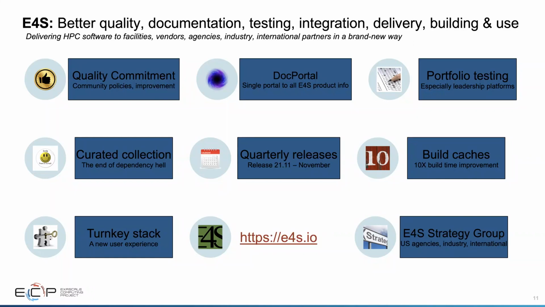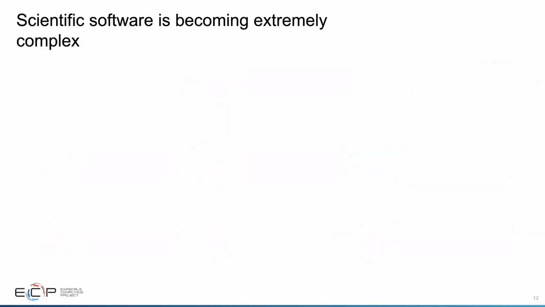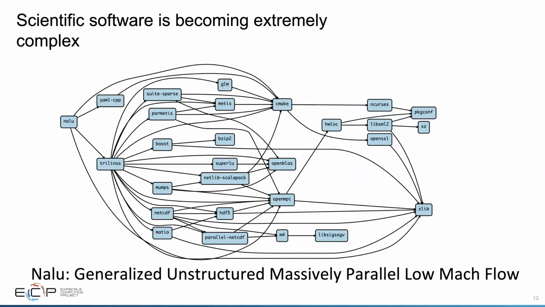But why do we need all this? Why do we need the E4S project? And the answer is that scientific software is becoming extremely complex. And you can see this in the dependency graphs. Here is the graph for NALU, which is a generalized, unstructured, massively parallel, low Mach flow solver from Sandia National Labs. And you can see that NALU depends on a package called Trilinos.